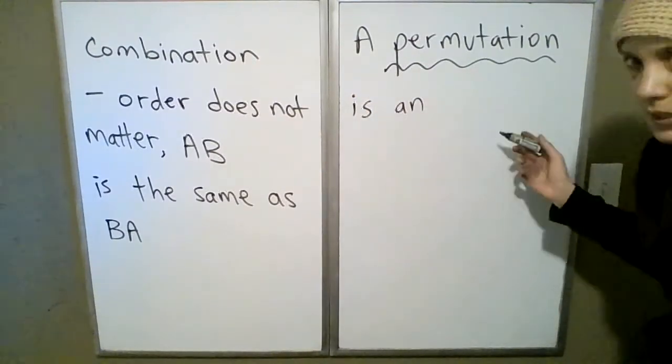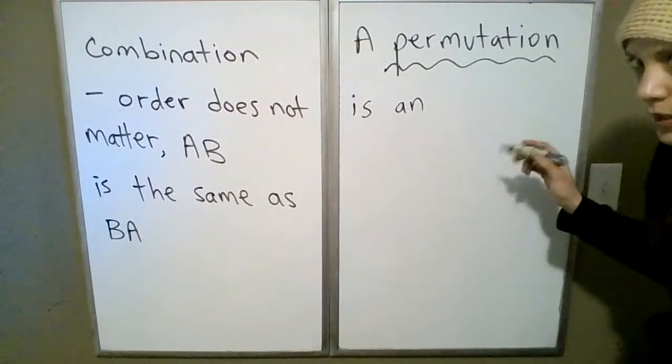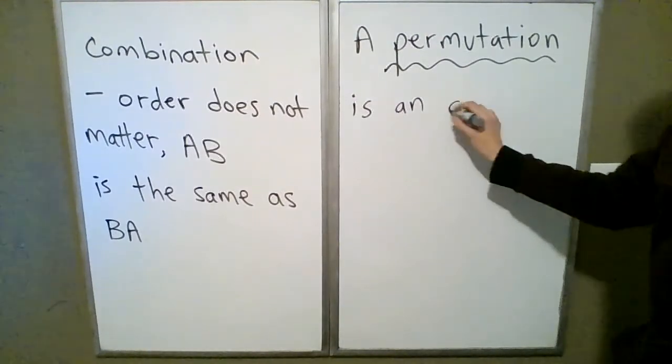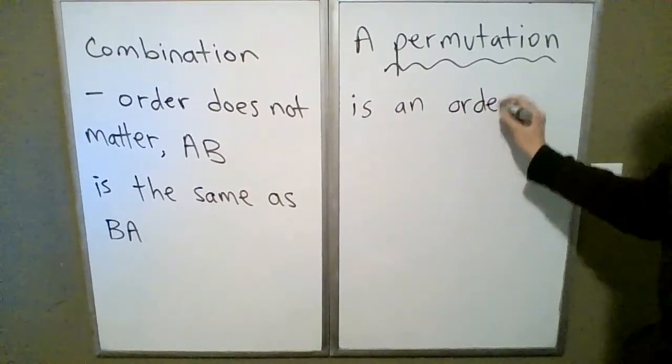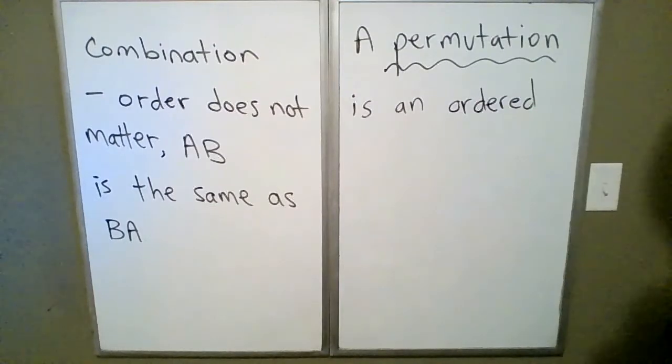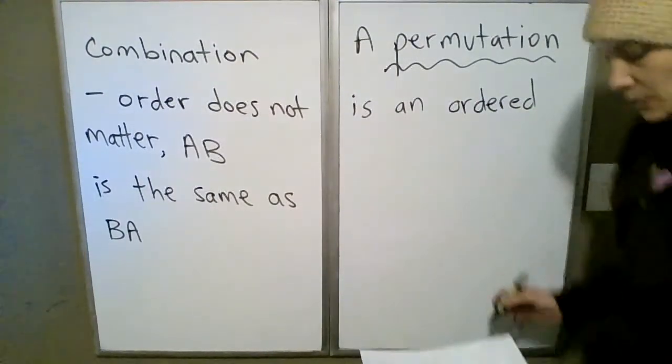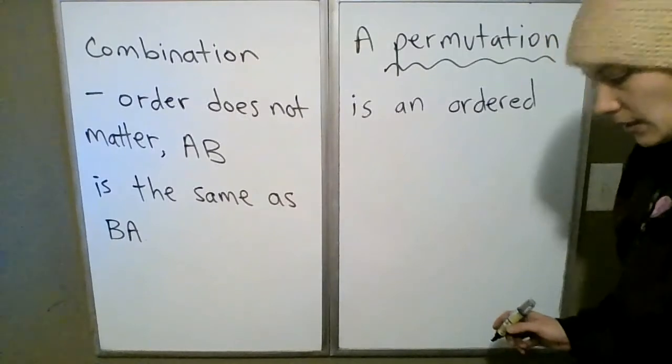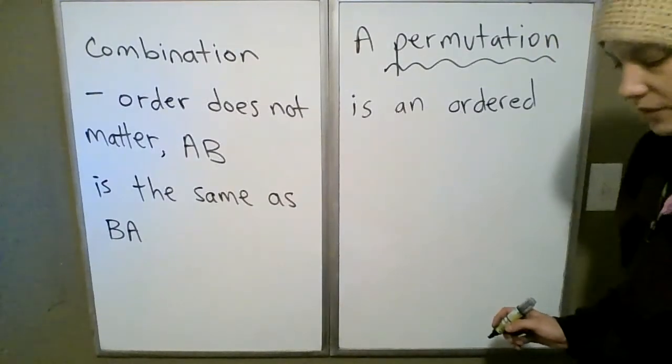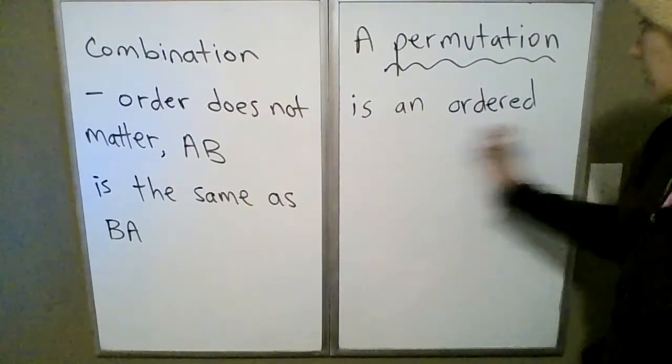Okay, so permutation is an ordered arrangement. I actually just put: ordered selection of R objects chosen from N objects.